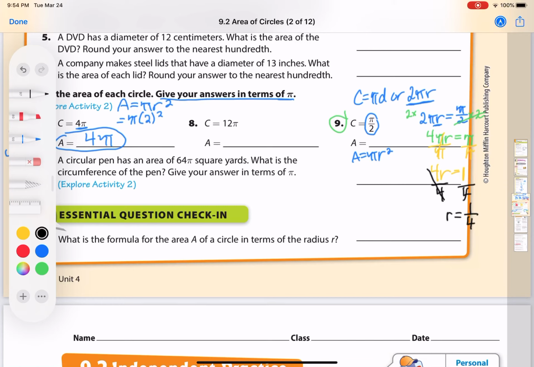So now I'm going to plug that back into my area formula. So A equals pi r squared. So I have pi times 1/4 squared. 1/4 times 1/4. We multiply the numerators, which is 1. Multiply the denominators, which is 16.